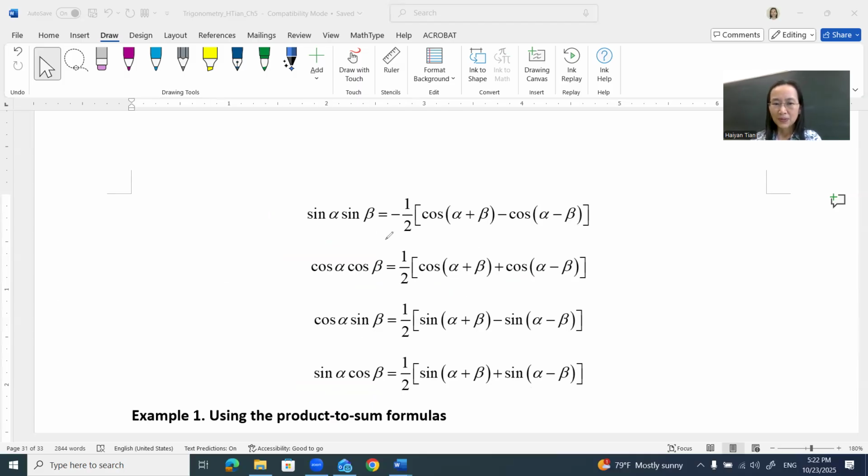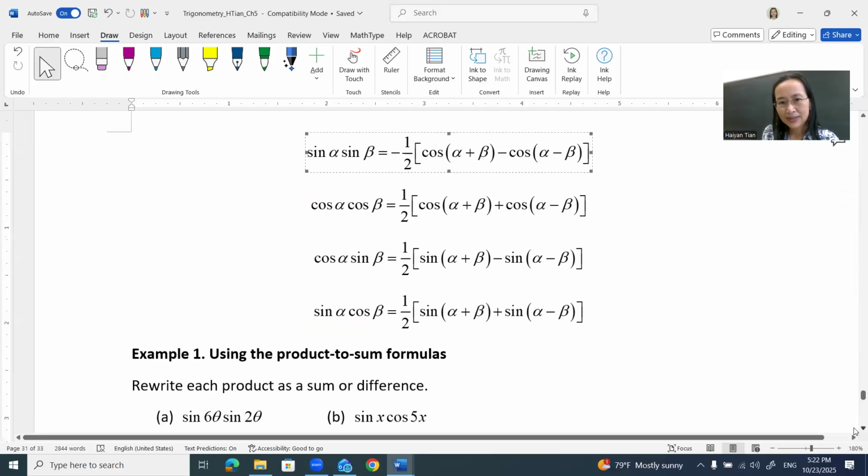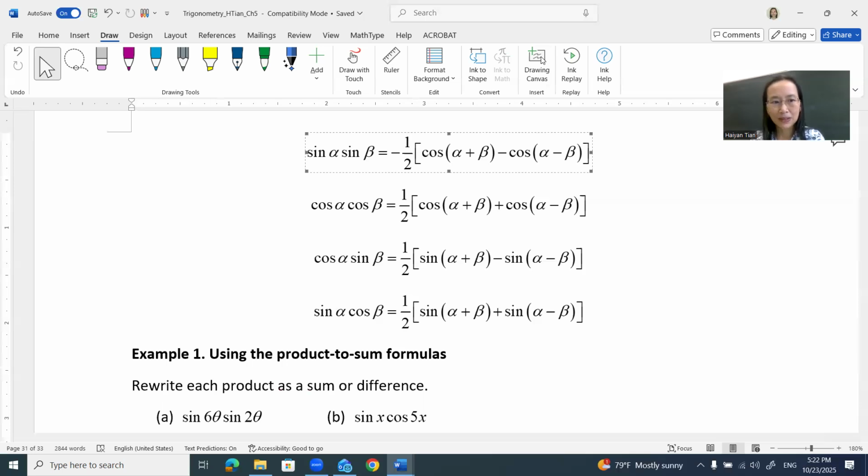So with these 4 formulas, let's use them to see some applications. Let's keep these 4 formulas handy, and if you can memorize them, that's even better. So let's say we have this problem.